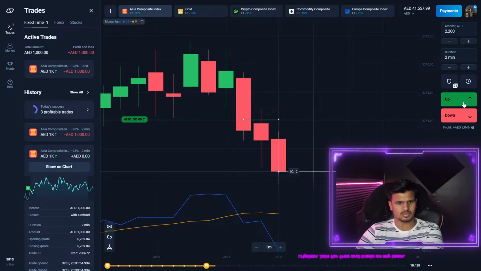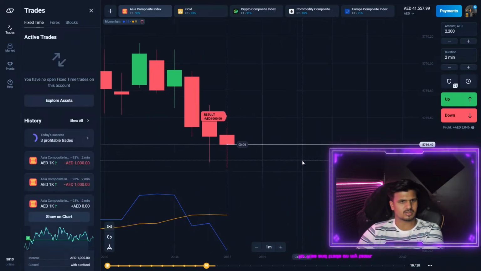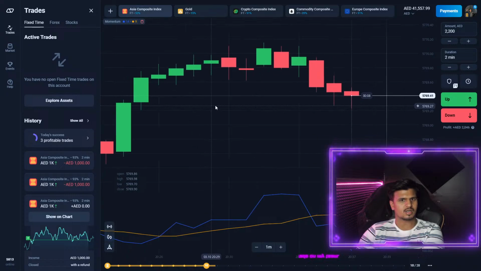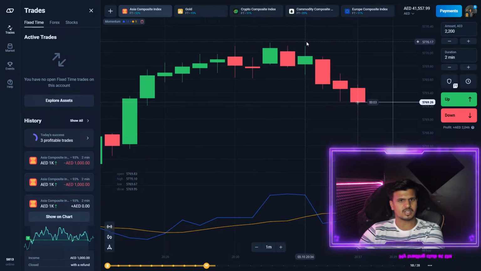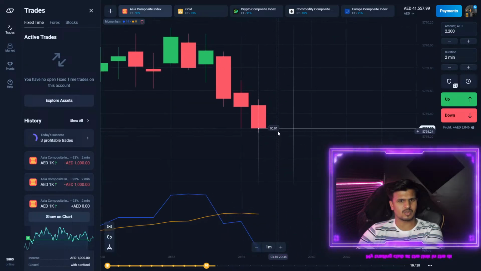Well, this is also a loss. Okay, let's make another trade. Well guys, now it was moving firstly upward, then straight. Now it's moving only downward.